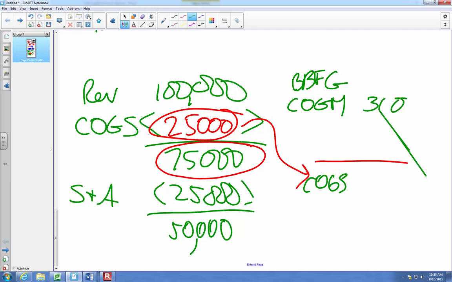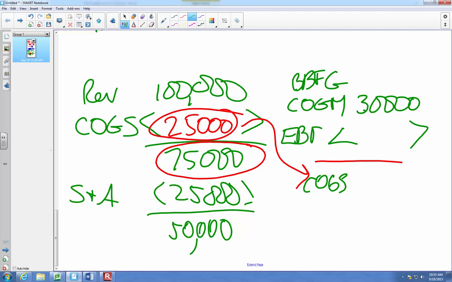Minus ending balance finished goods is 7.